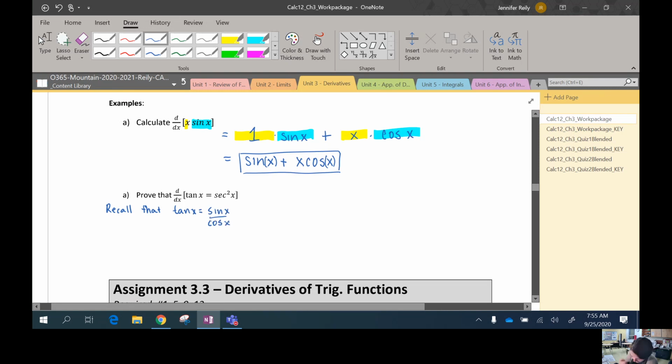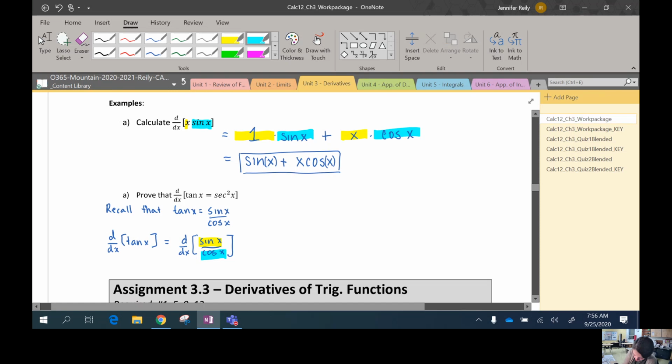That's listed in one of the identities above there. So d by dx tan x would equal d by dx of sine x over cos x. So we're going to take the derivative of this, and it is a quotient, so we're going to use the quotient rule. So I'm going to use my colors again.